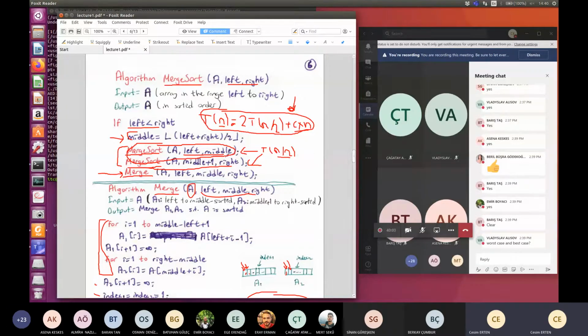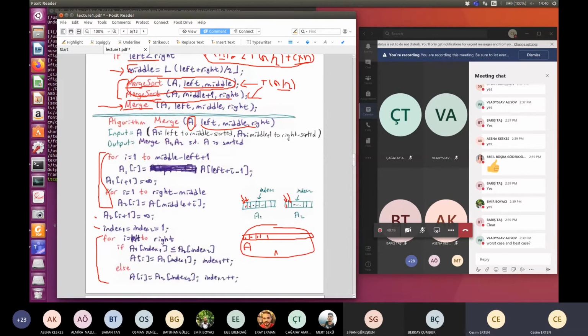Same is true for the second recursive call. No matter how the input is organized, whether it's some bad case or some good case, its running time will always be T of n divided by 2. And remember the analysis in the merge algorithm itself, we haven't anywhere said this is what happens when we have such an input, or this is what happens when we have a good input or bad input.